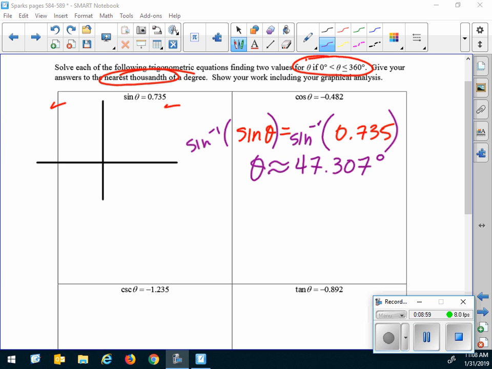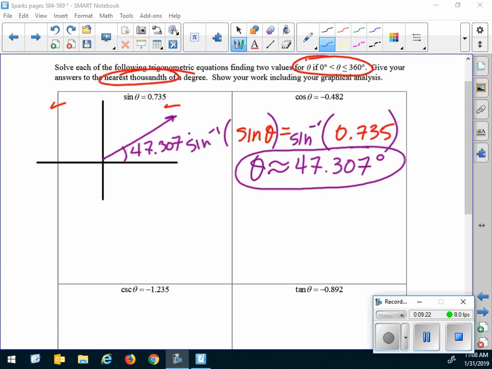Anybody get that? What quadrant's that angle in? 1. Do I want an angle in quadrant 1 as one of my answers? So that's one of my answers. 47.307 degrees is one of my answers.